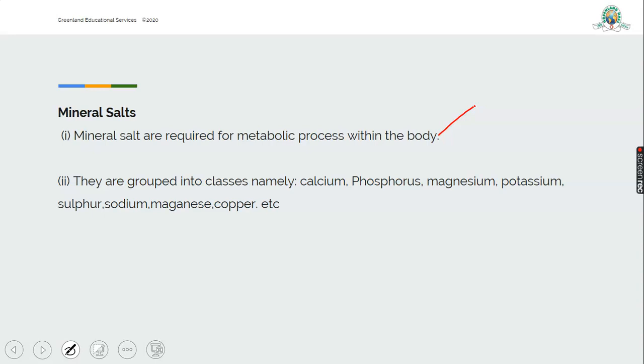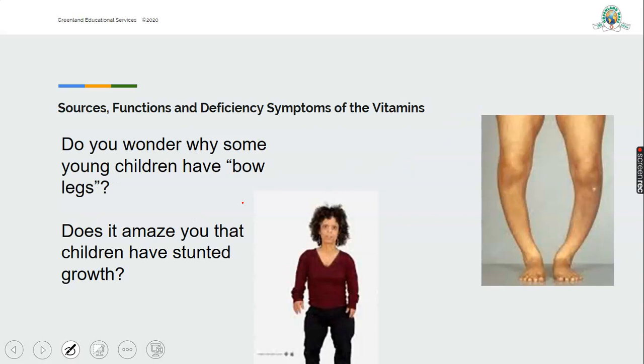Among the mineral salts we are talking about, we have calcium, phosphorus, magnesium, potassium, sulfur, manganese, copper, etc. If these are not present or if they are not enough in our food, they result in what we call deficiency.